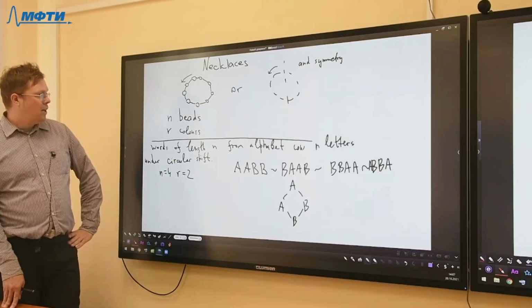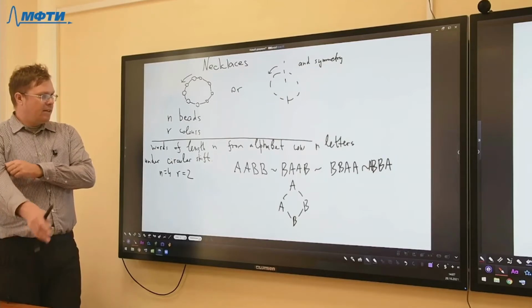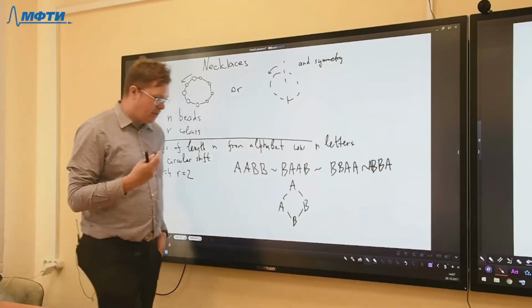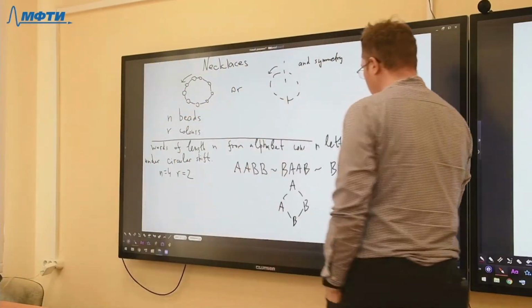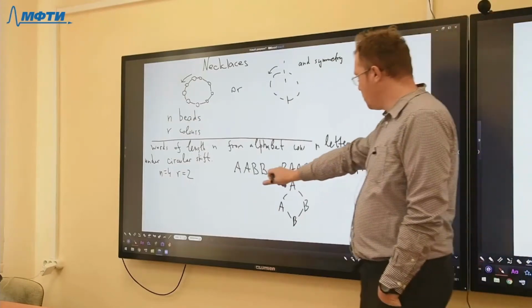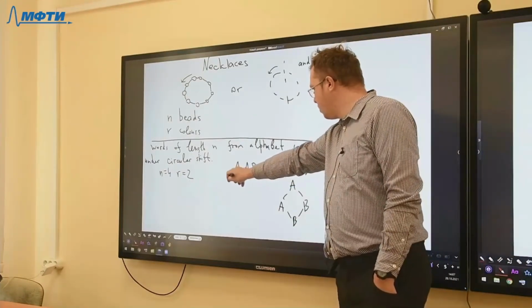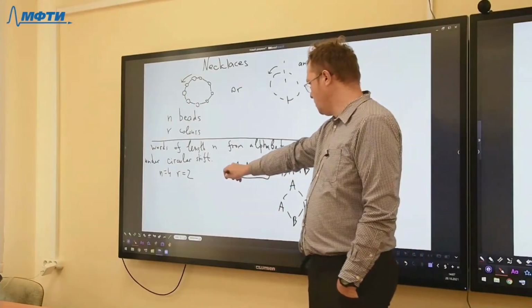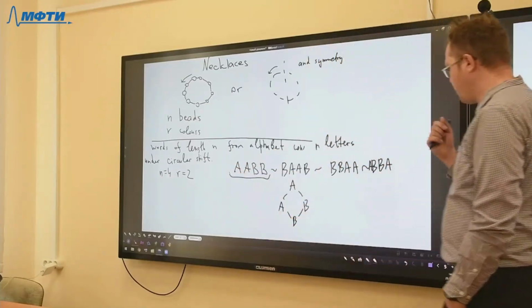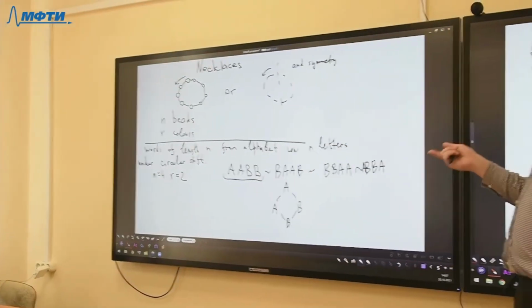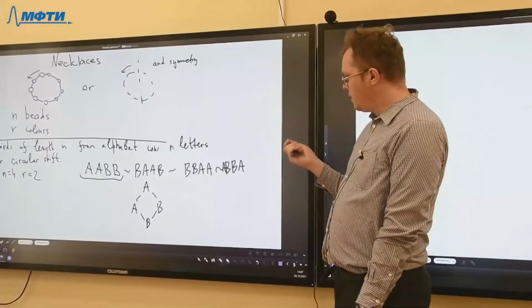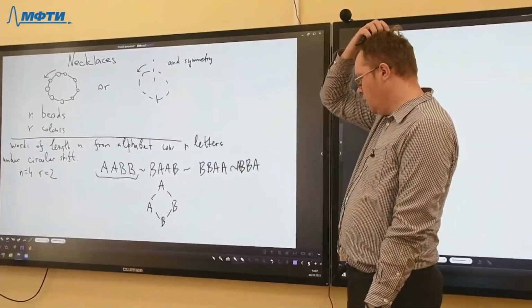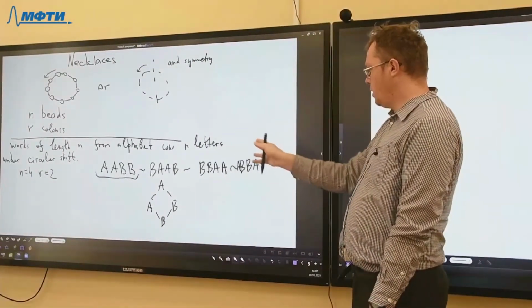Okay, so what is the problem? The main problem is that, of course, we can calculate the total number of words here, but different types of words have a different number of equivalent elements.